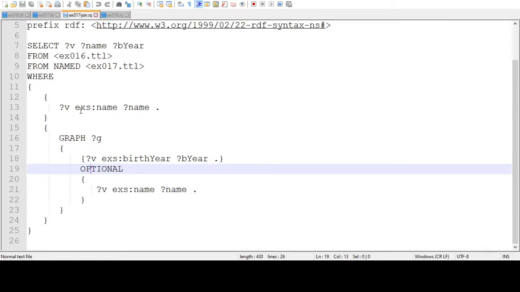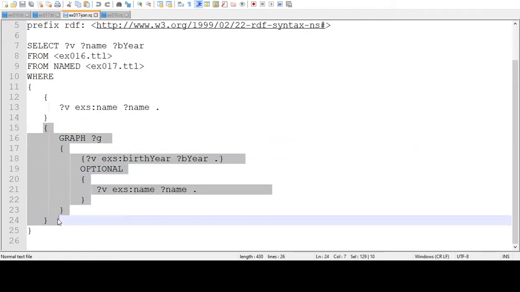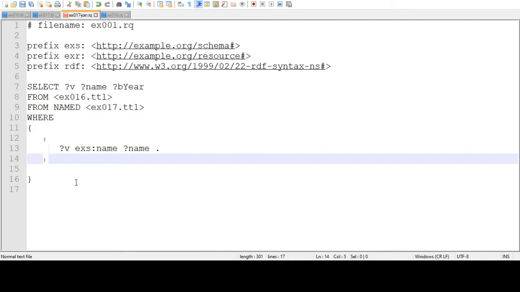The purpose is, let me first look at what kind of output we can get for each of these group graph patterns. Let me remove this part, right? So if we remove this part, we are just left with the group graph pattern 1. I want to see what kind of output we'll be getting, right? So let me execute 017, right?